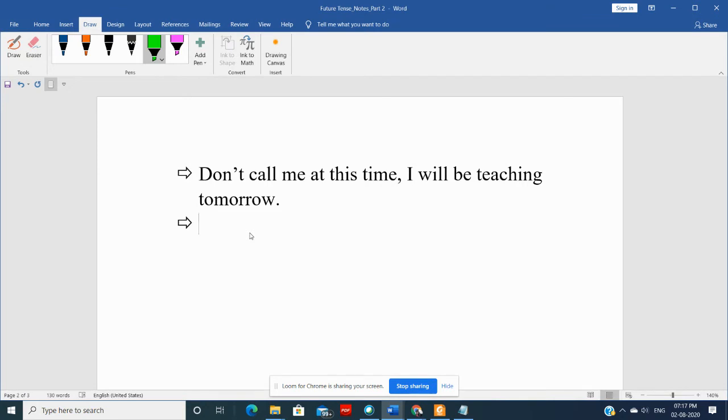Well, see, if there are some situations like, when there are two actions, one of them will be continuous. For example, Rahul will be eating dinner when you arrive. Means at what time Rahul takes his dinner, right?